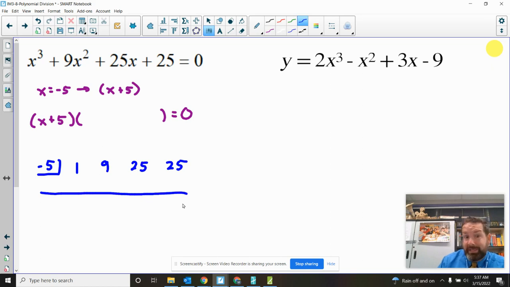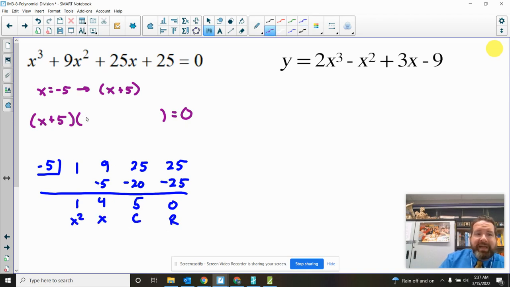Because this divides evenly, you should end up with a remainder of 0. So 1 goes down, multiply, add, multiply, add, multiply, add. Remainder, constant, x squared.